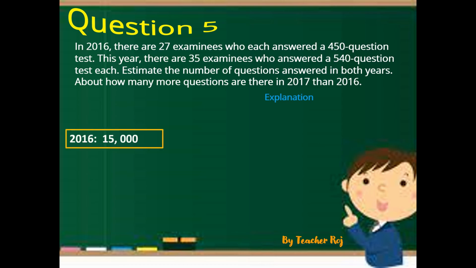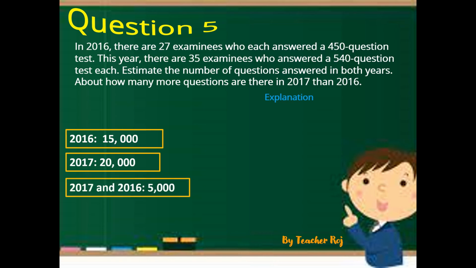Okay? So, A. 2016 is 15,000. Ito na yon. 2017, 20,000. 2017 and 2016, 5,000. Okay. So, yun ang correct answers natin. No? Bakit?